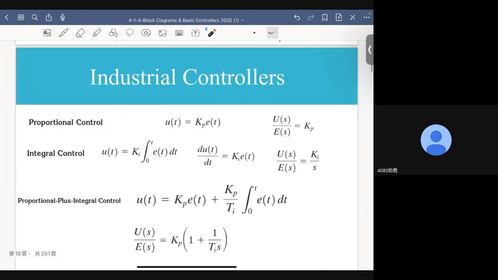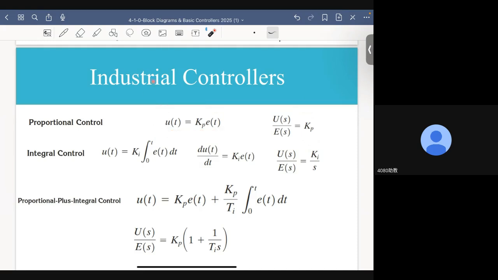Now, this, of course, is a good idea, okay? And the transfer function of the controller is this, all right? How do we get this? Piece of cake. All you need to do is to take the Laplace transform of this equation, all right?